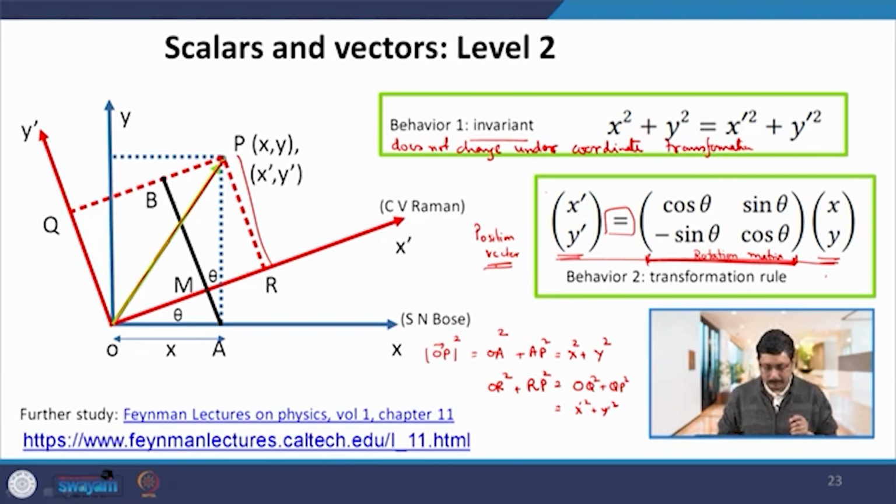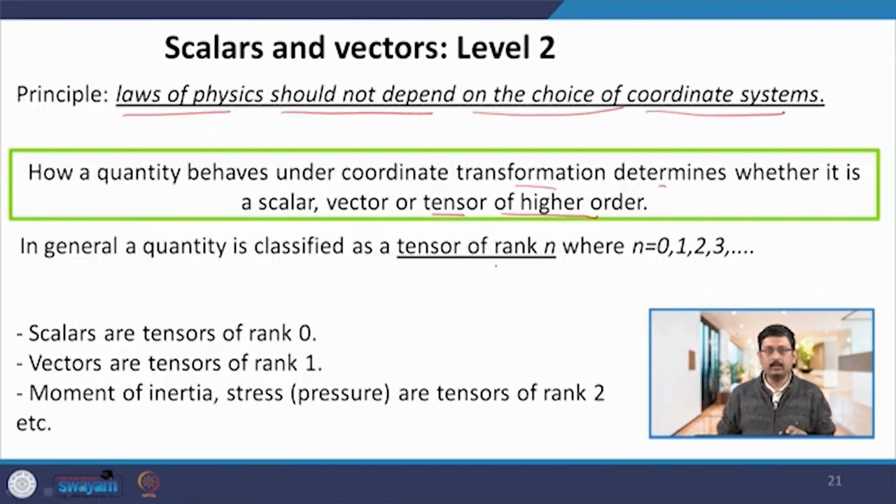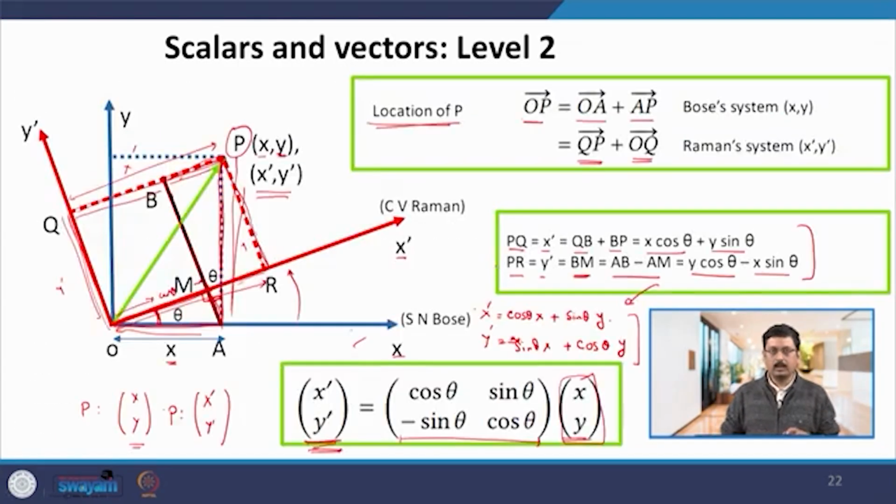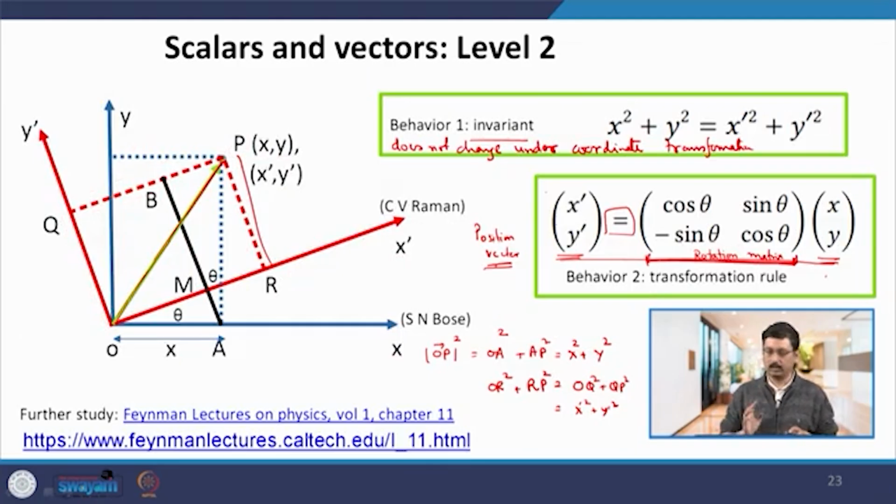Now, I must be careful here. I said that the laws of physics should not depend on the choice of coordinate system. I have not mentioned which laws of physics, and if I really want to be rigorous at this point, I should take some laws of physics and demonstrate that they remain the same under this coordinate transformation.